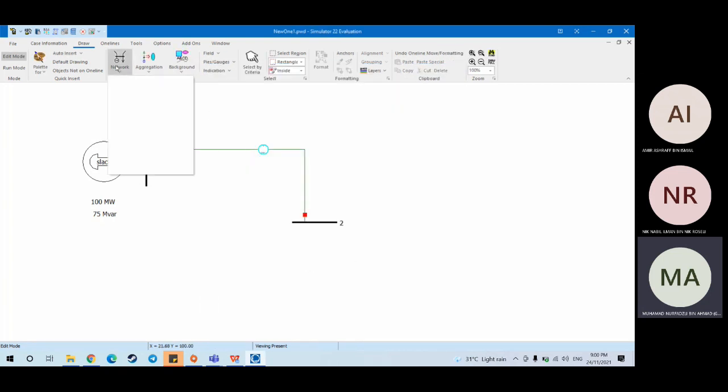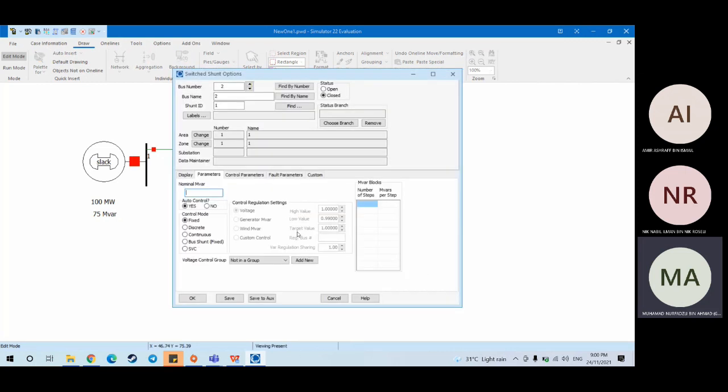Now we insert the switch shunt. Nominal MVAR put 0, and the discrete put 10 and 20. Okay.